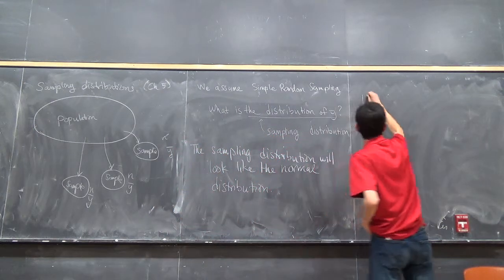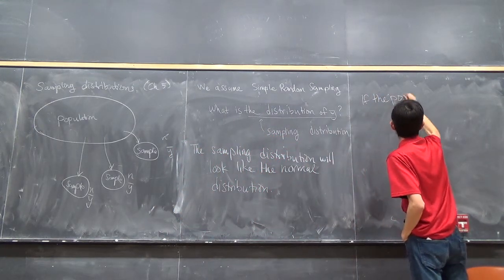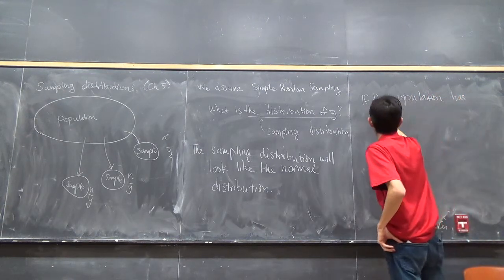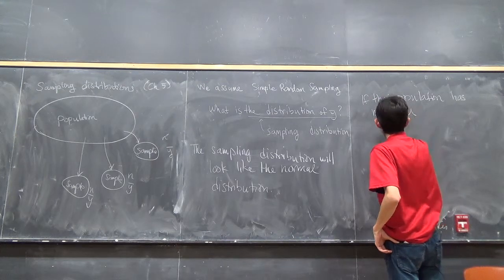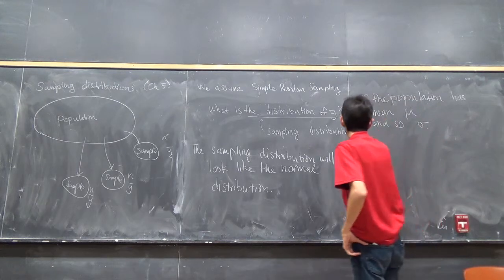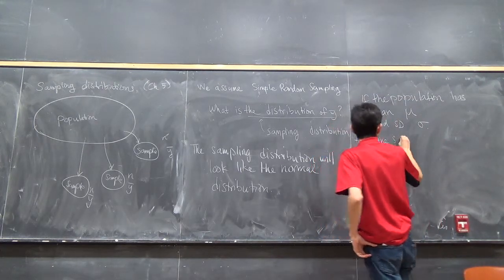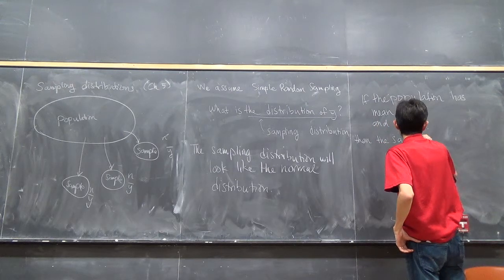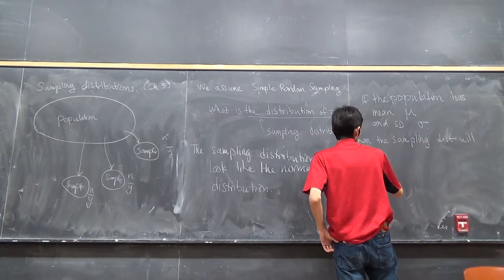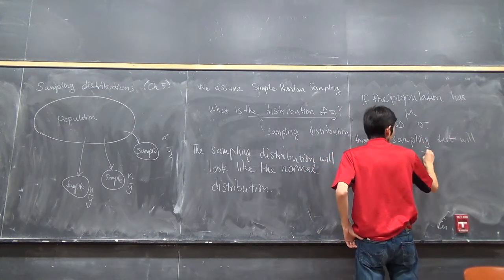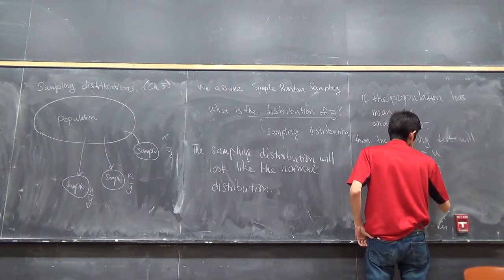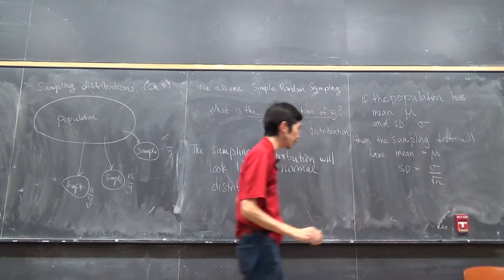If the population has mean mu and standard deviation sigma, then the sampling distribution will have mean equal to mu, standard deviation equal to sigma over the square root of n, where n is your sample size.